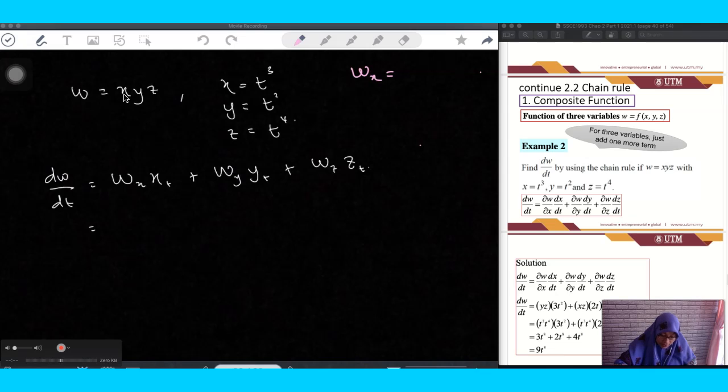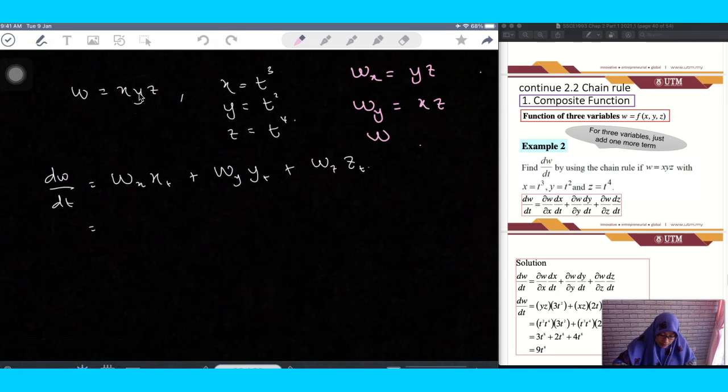So the answer is yz. For w_y, x and z are constant. You only have y, differentiate y, you get 1. So the answer is xz. For w_z, x and y are constant. Now we have only z, differentiate z, you get 1. So the answer is xy. And then x_t, y_t, z_t: 3t squared, 2t, 4t cubed.